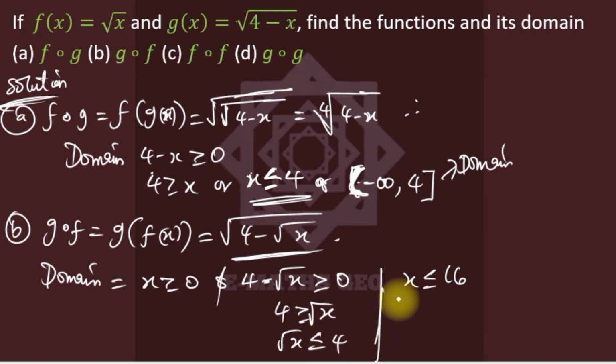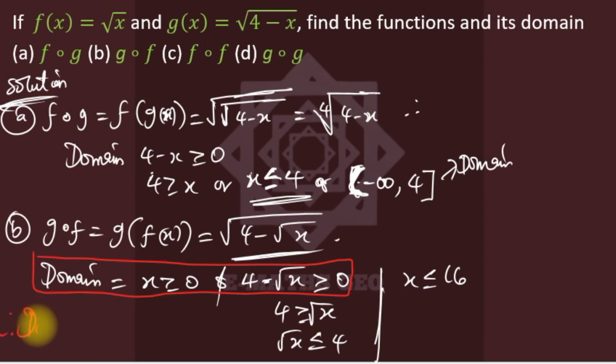So if we now combine everything, the actual domain must be 0 less than or equal to x, and x less than or equal to 16.